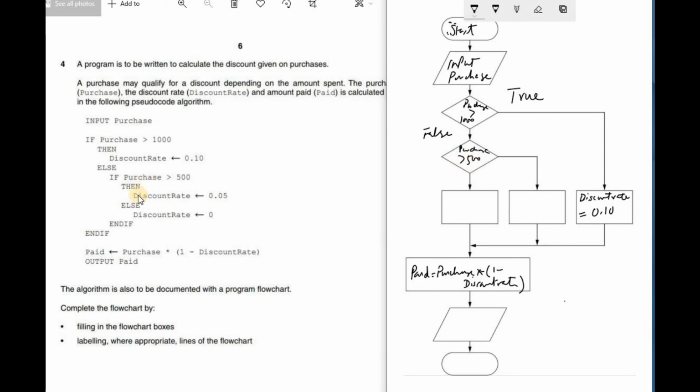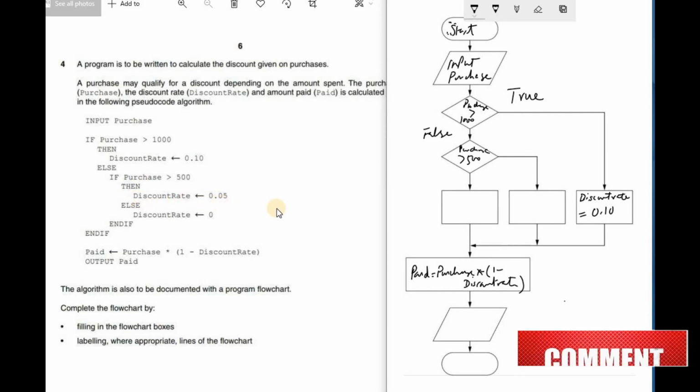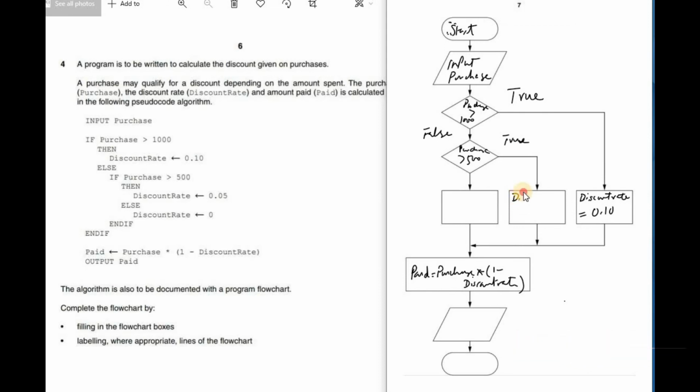If the condition is true, then discount rate is equal to 0.05, right? And it will connect here, and again paid will be calculated.